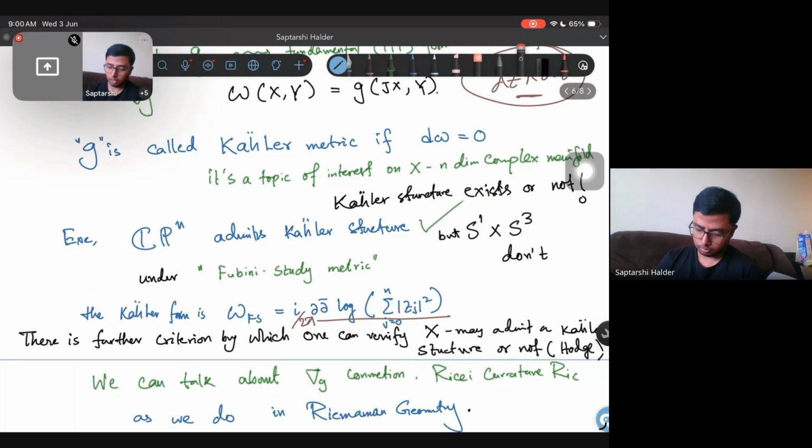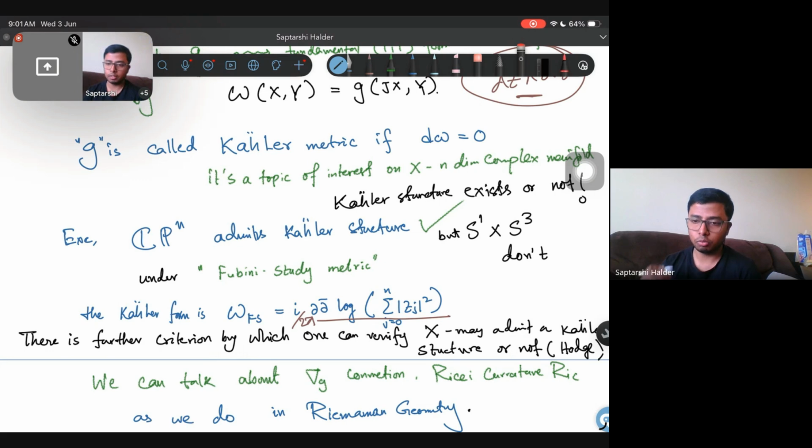Okay. So the thing is called the Hodge decomposition theorem. It's more technical, so I am not going into that in this talk. It has a further criterion by which one can verify whether X may admit a scalar structure or not.